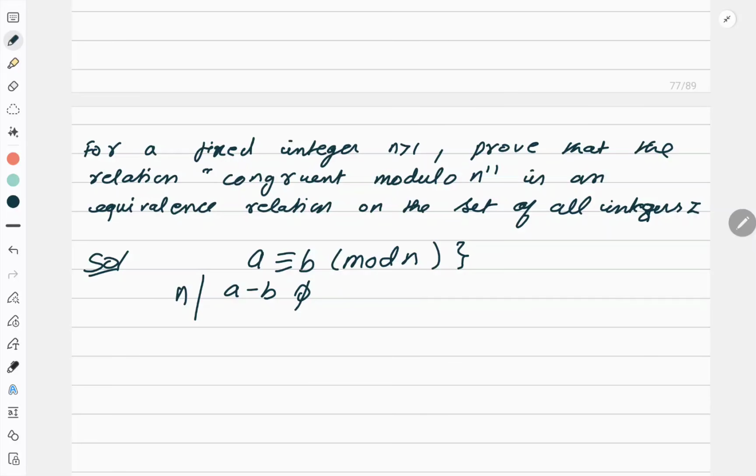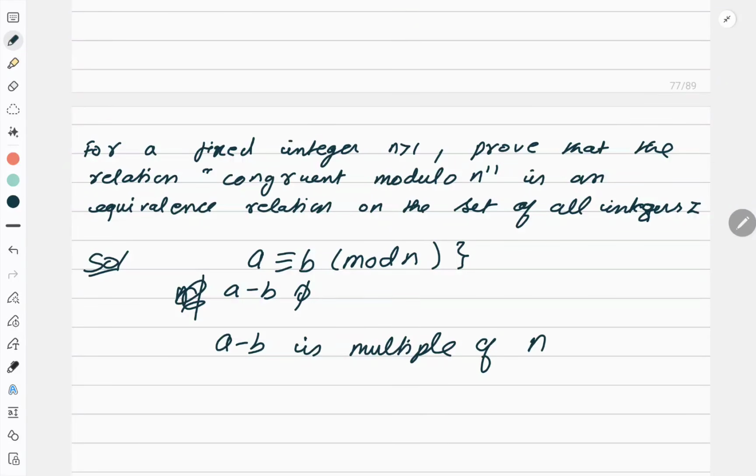equivalence relation. The moment I say that n divides a minus b, what exactly is the meaning? A minus b is a multiple of n. So a congruent b modulo n means a minus b is a multiple of n.